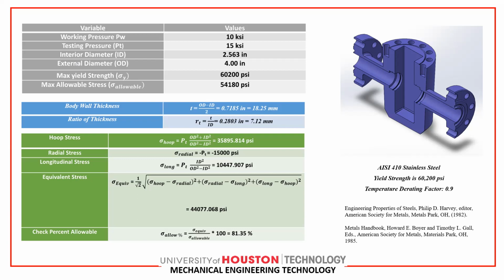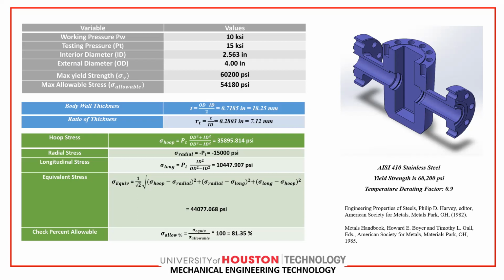The longitudinal stress is equal to the testing pressure times the ID square divided by the OD square minus ID square, which is equal to 10,447.907 PSI.